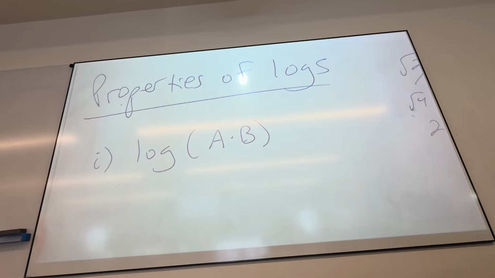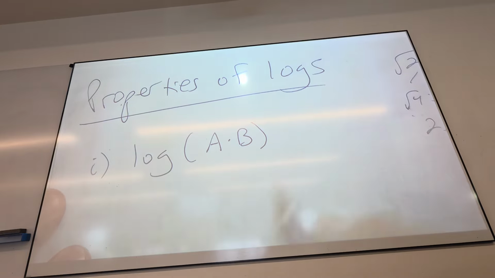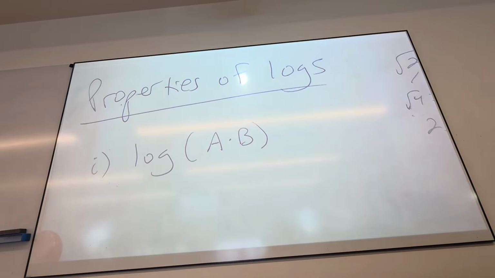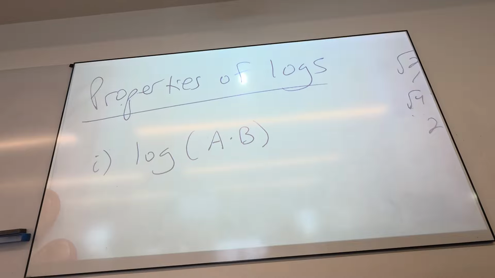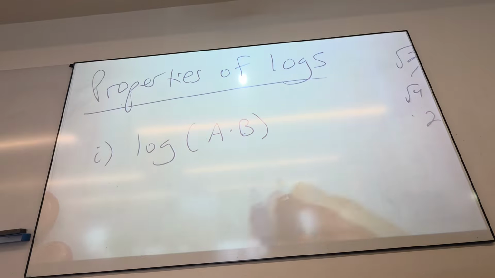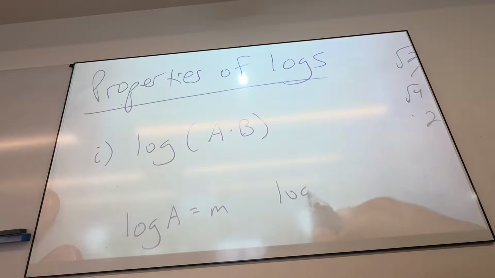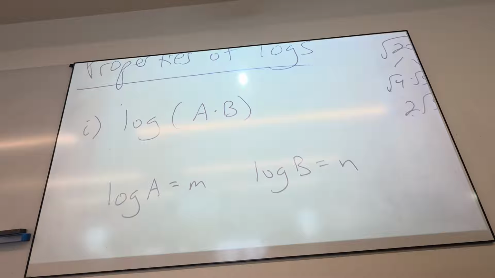Okay, so let's see, how do I want to approach this? What if I call log A, I'm going to call it M, and log B, I'm going to call it N, just because.